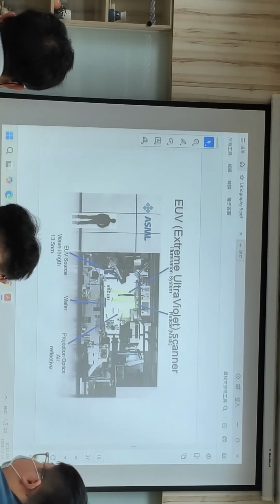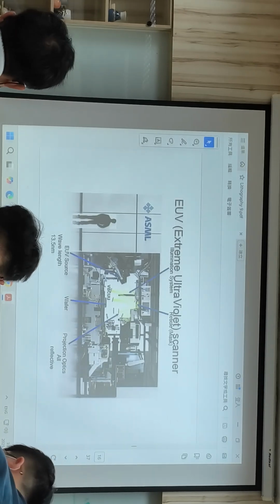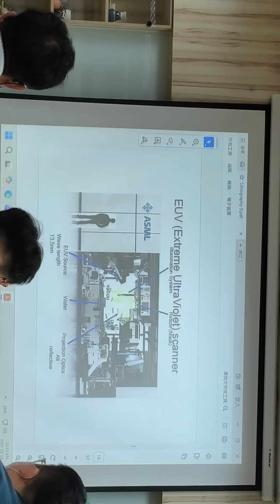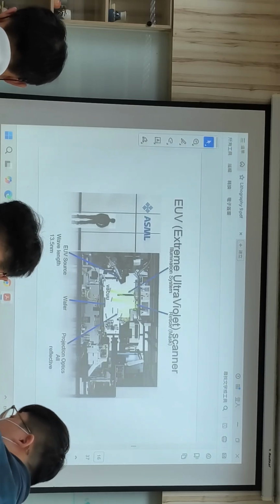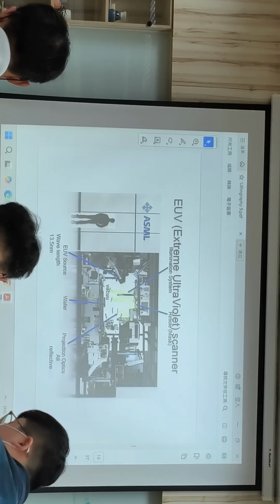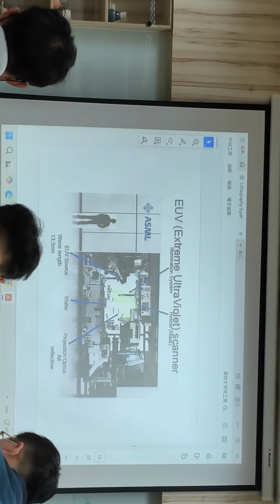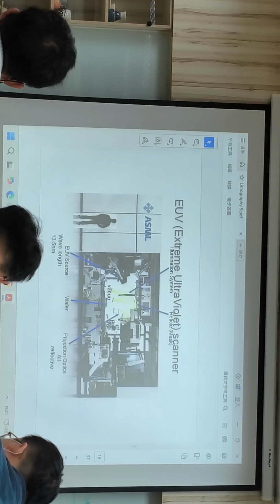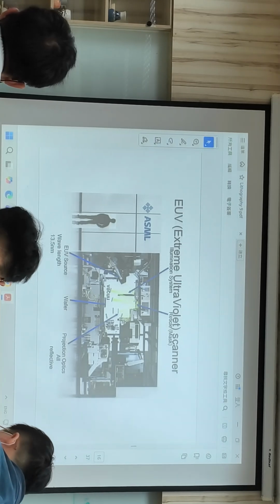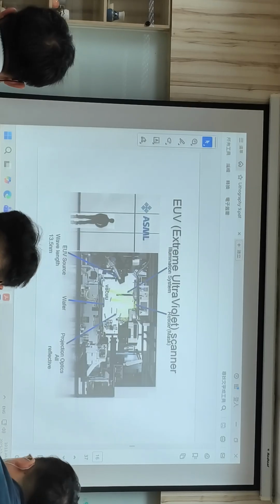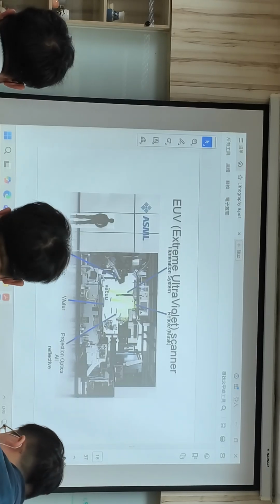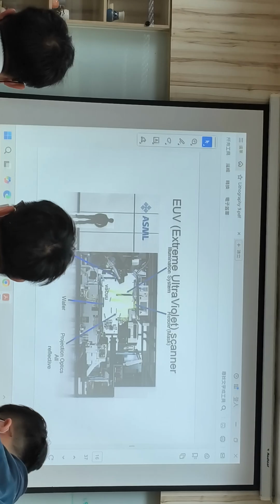Okay, in the past we only talked about process, right? What is OPC? Like last week, what is illumination? What is photoresist? But everything happens in the tool. So before I go to EUV, maybe I'll just do an introduction about the tool itself.